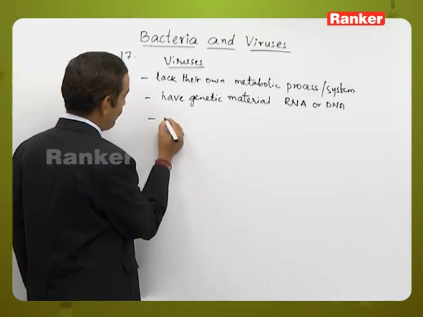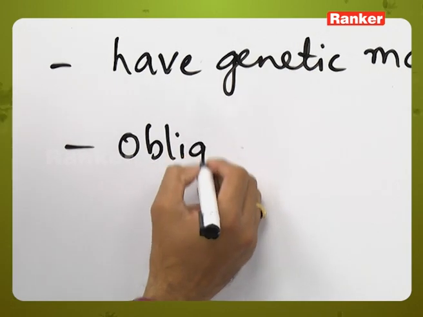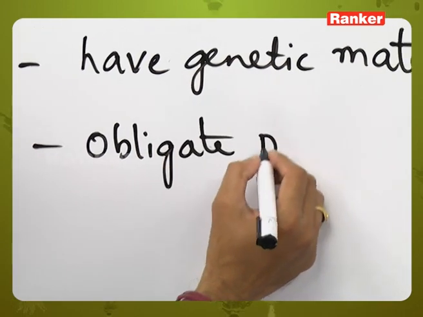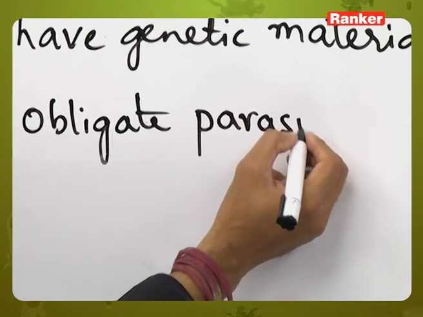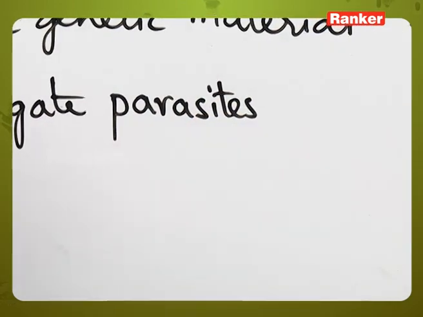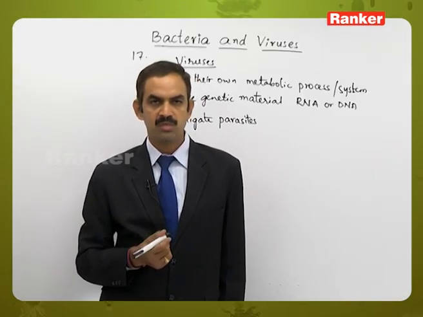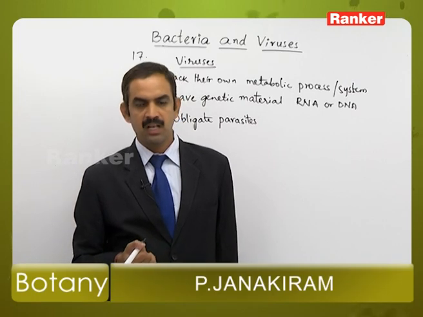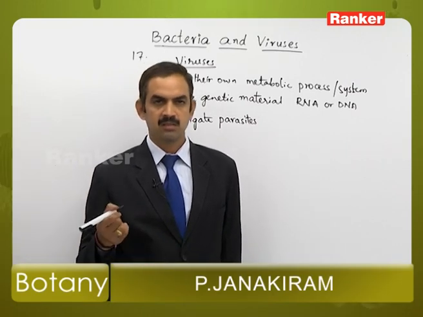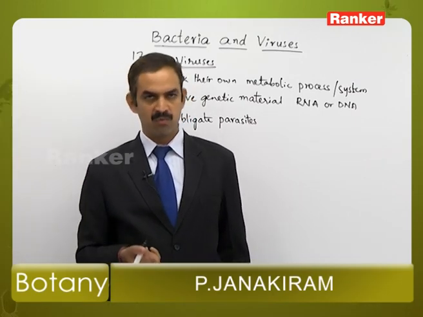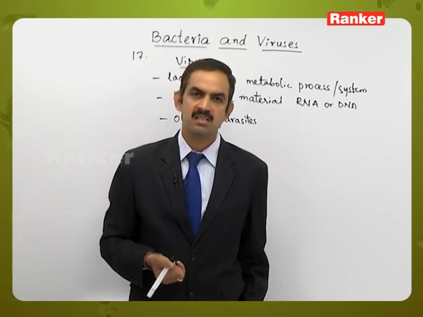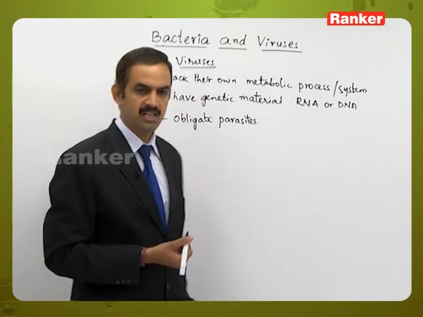And viruses are obligate parasites. That means parasites are the ones which depend upon a living host for their nutrition, and without the living host they cannot survive. That's the reason why they are considered obligate parasites.